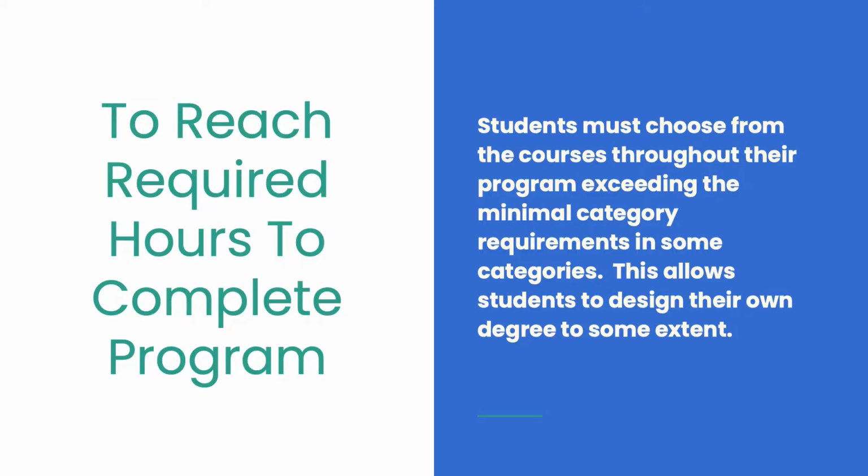What that means is that you are going to have to go back and take additional courses within the different categories that exceed the minimum requirement. Minimum requirement, by its own name, suggests there's the possibility to do better than the minimum. So you will have to do more than just the minimum in some categories to be able to reach 60 credit hours.